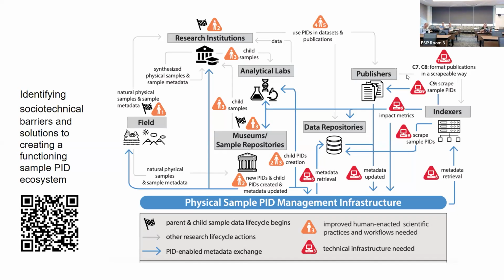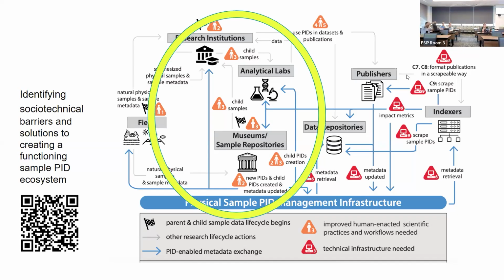So they're places where people have a hard time assigning identifiers to samples, have a hard time putting those identifiers in their publications, things like that. All of the red triangles are technological problems where we just don't have appropriate infrastructure or software to share the metadata that we want to be sharing.